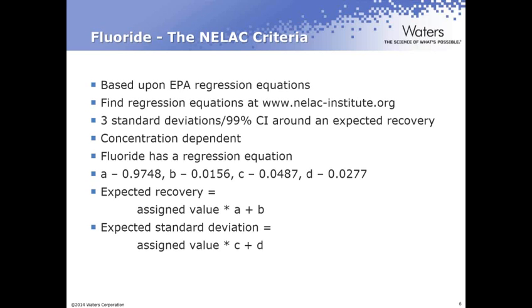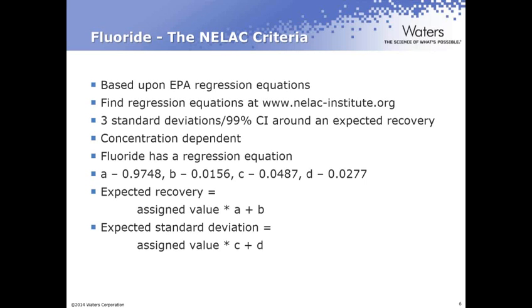So if you've participated in PT studies in the past, the data that you've reported to us and to other PT providers are all put into a big database. The database is then used to establish what we call expected standard deviations and expected recoveries. And then that information is used to calculate acceptance limits.